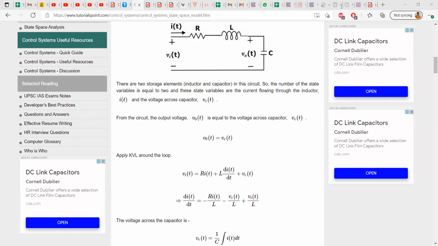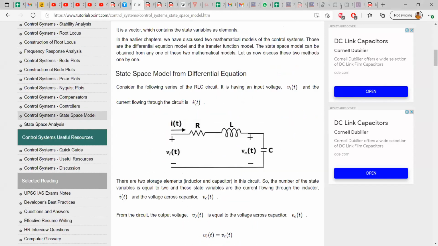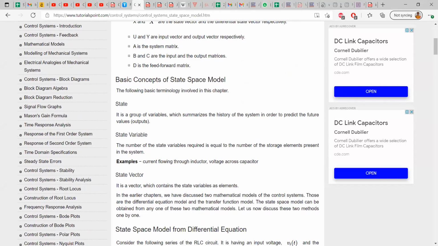Clearly explained in the example. If you see, the state variables are nothing but the current flowing through the inductor and the voltage across the capacitor. Inductor value and capacitor value are the constants. What are the variables?